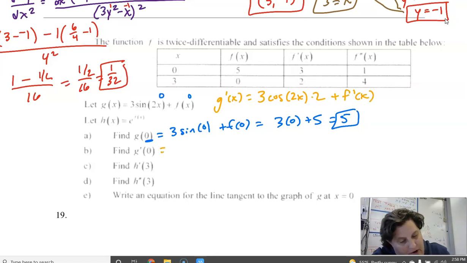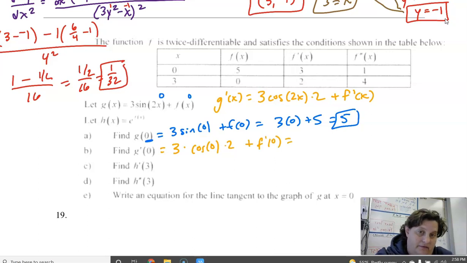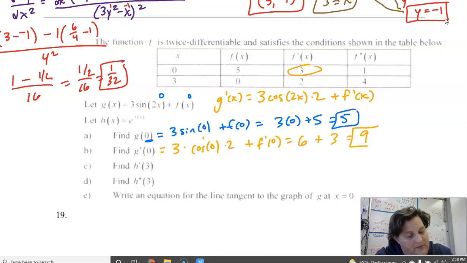Well, at 0, it will be 3 times the cosine of 0 times 2, and then it'll be f prime of 0. Okay, you guys, the cosine of 0 is 1 from your chart. 3 times 1 times 2 is 6. f prime of 0 is 3. So that one is going to equal 9.